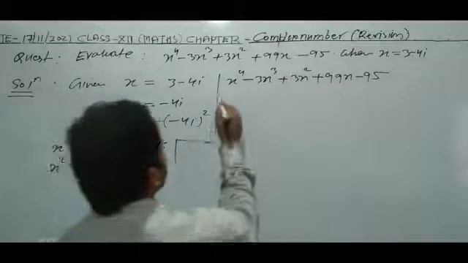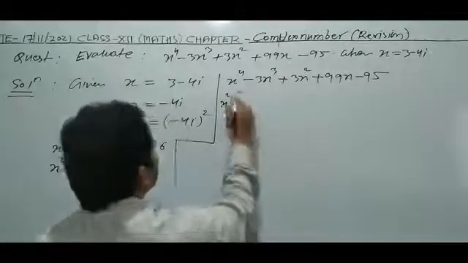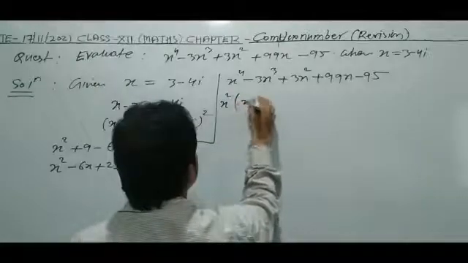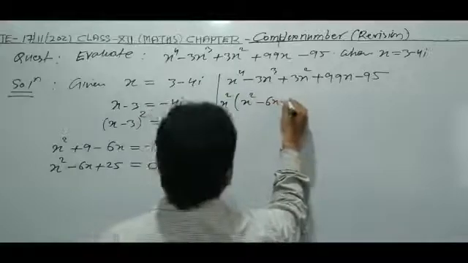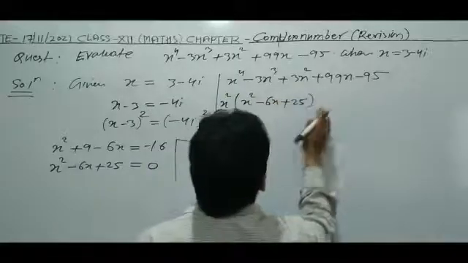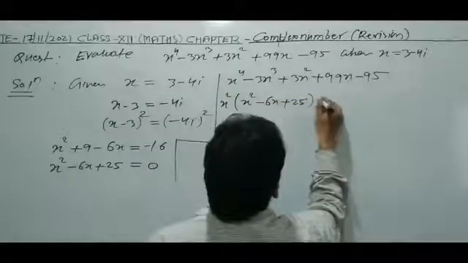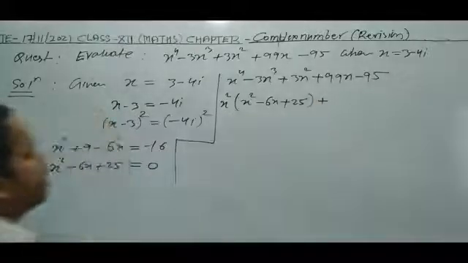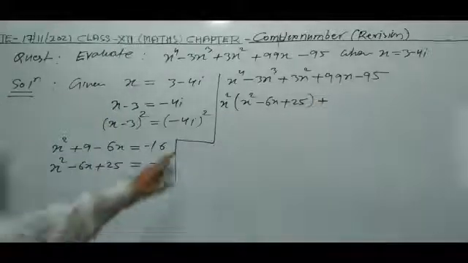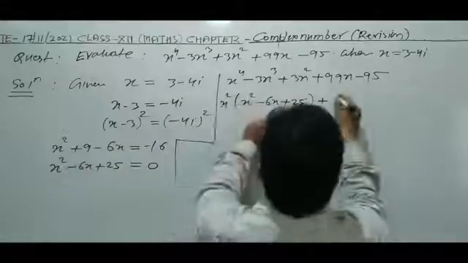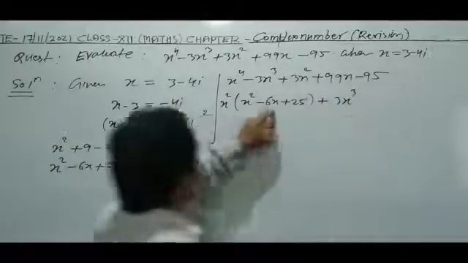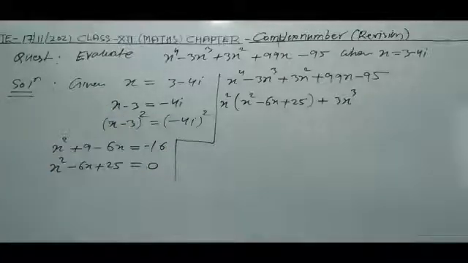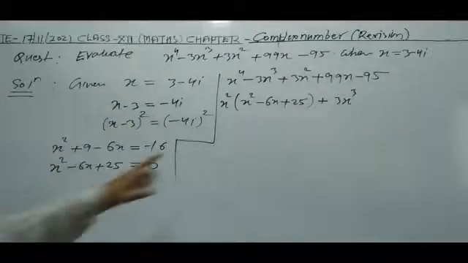Now we can write x square in bracket x square minus 6x plus 25, and plus, this is minus 6x cube, so the result will be plus 3x cube, same, and 25x square is here.